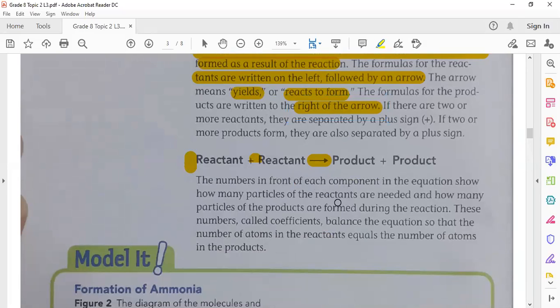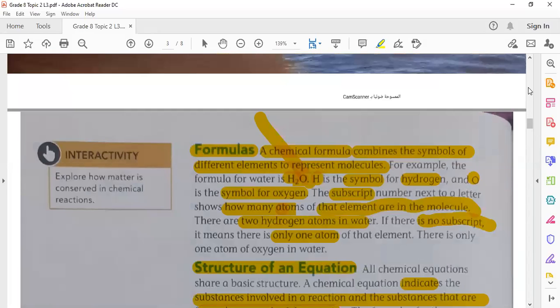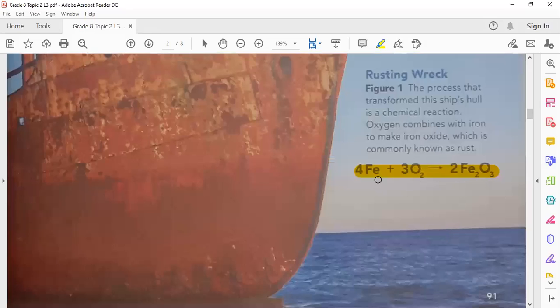These are called coefficients. The numbers in front of each component in the equation show how many particles of the reactants are needed and how many particles of the products are formed. Back to this example, the numbers 4, 3 and 2 are coefficients.